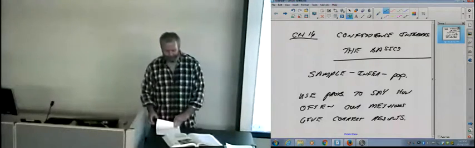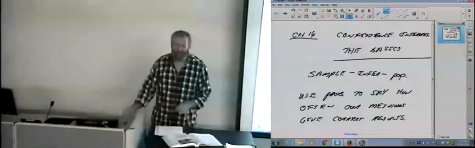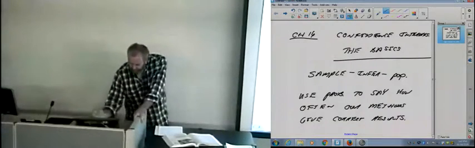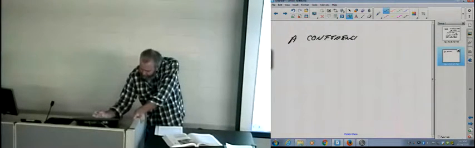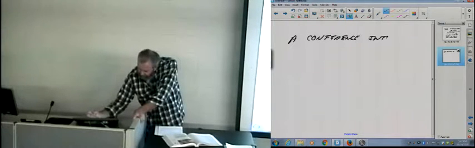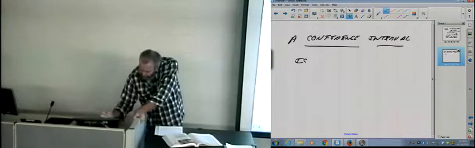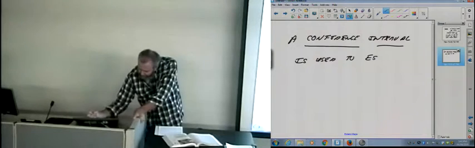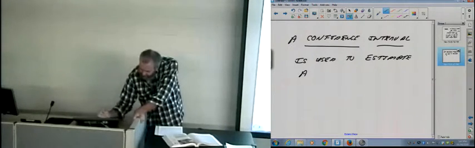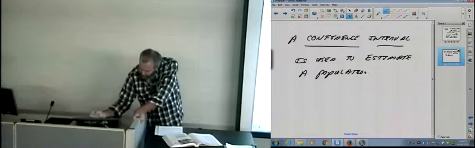Now, here's the thing. This chapter 16, confidence intervals. A confidence interval is used to estimate a population parameter.